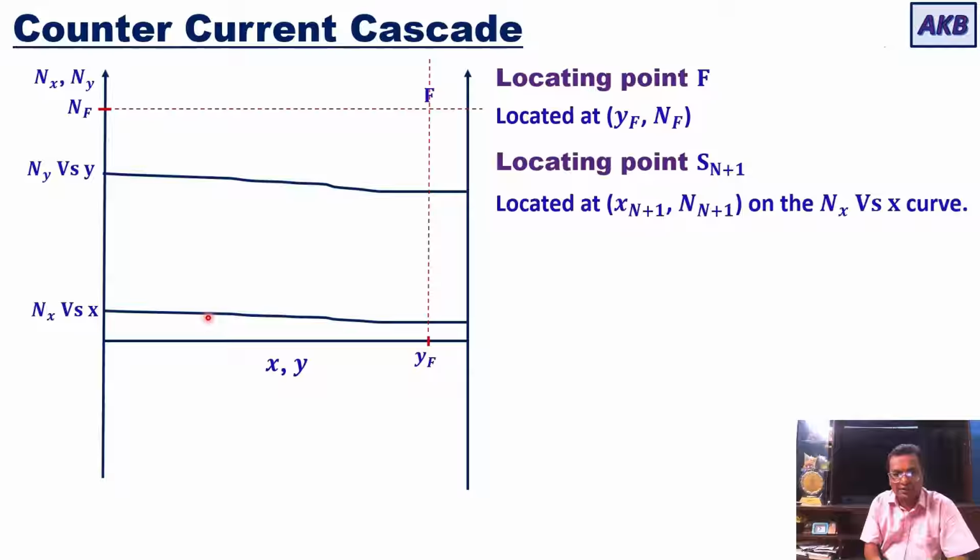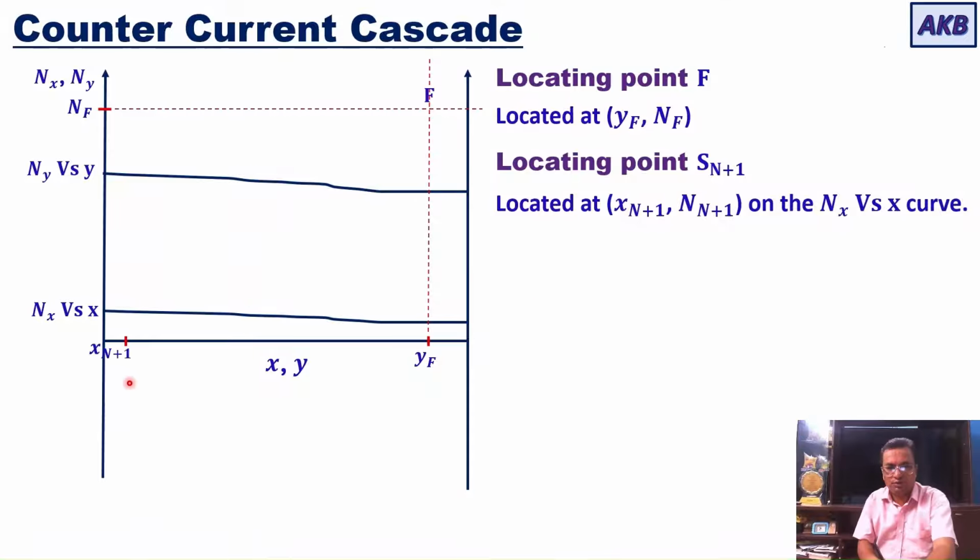If it is not there, which will happen when Nx is 0, that is overflow does not contain any solids in it, in that case Sn plus 1 will be located on the x-axis. But let me show you how to locate it if there is a curve Nx versus x. So it will be located at xn plus 1, Nn plus 1. With xn plus 1 known to you, you can locate it.